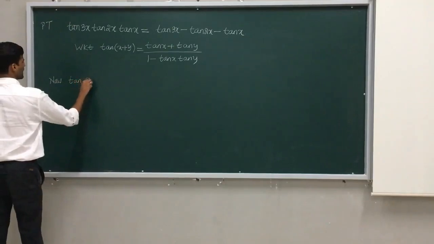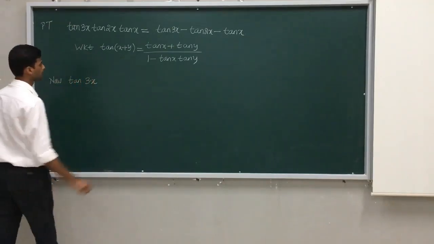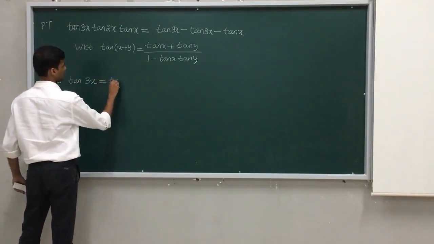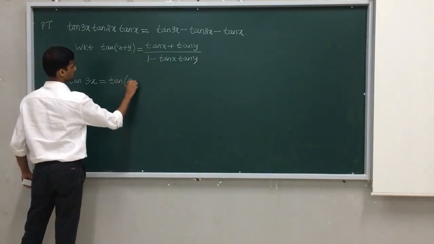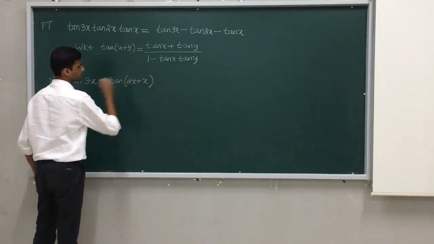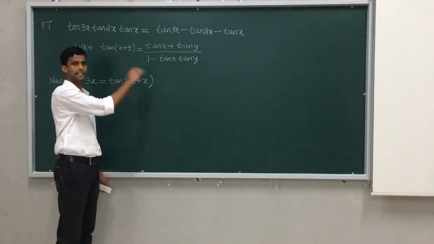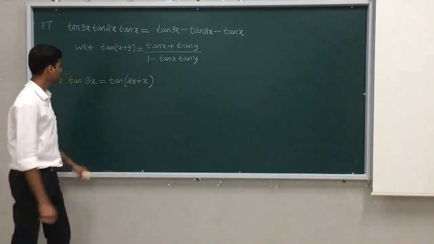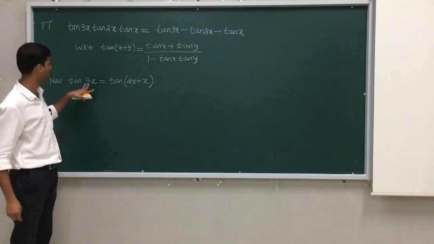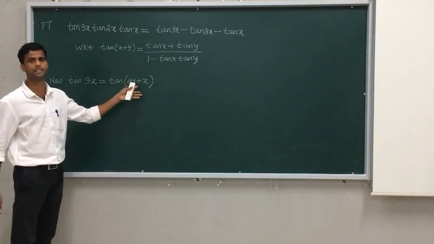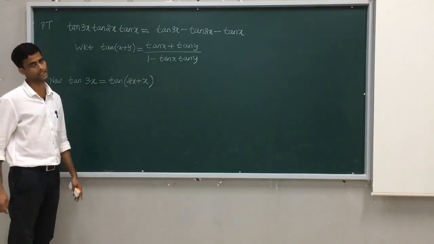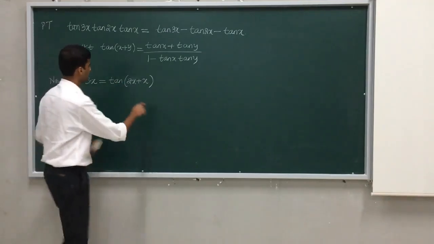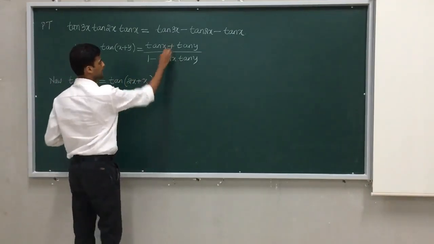Now tan 3x can be written as tan of 2x plus x or tan of x plus 2x. Let me write from higher order to lower order. Now it looks like tan of x plus y. What I did, I considered tan 3x and I split it as 2x plus x. Now tan of x plus y is nothing but this form.